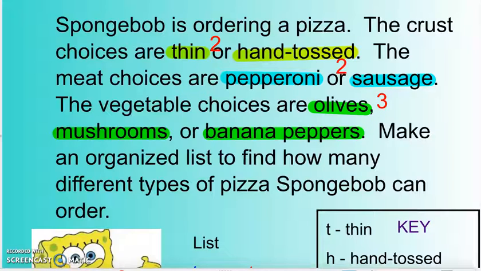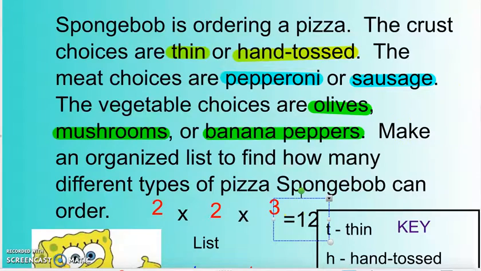So what I'm going to do is take those 3 numbers and multiply them together. So I'm going to do 2 times 2 times 3. And what do you get when you multiply them together? 12.